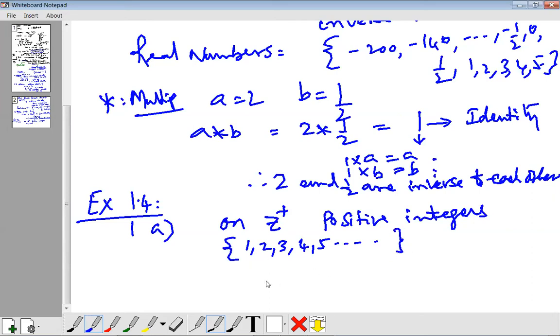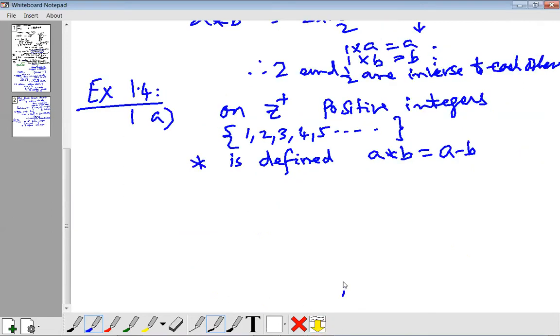He is defining the operation A star B. So star is defined in such a way that A star B equals A minus B. So you have to pick up two numbers, and you have to subtract the second one from the first. That's what it is.